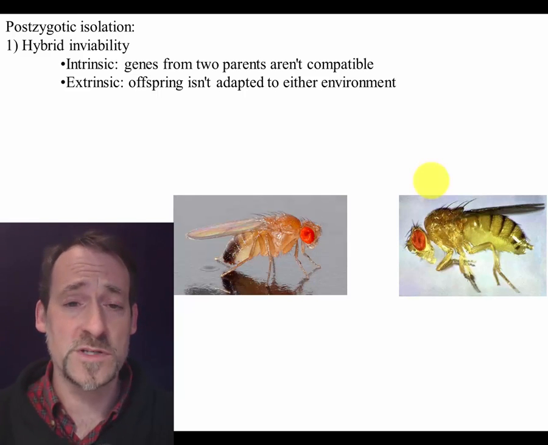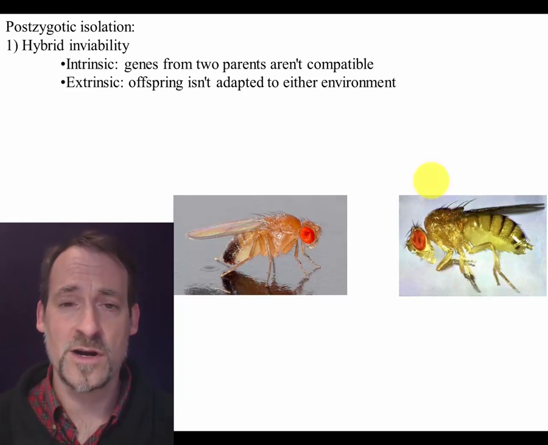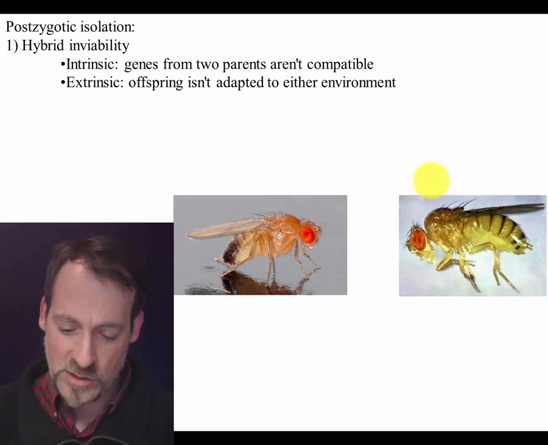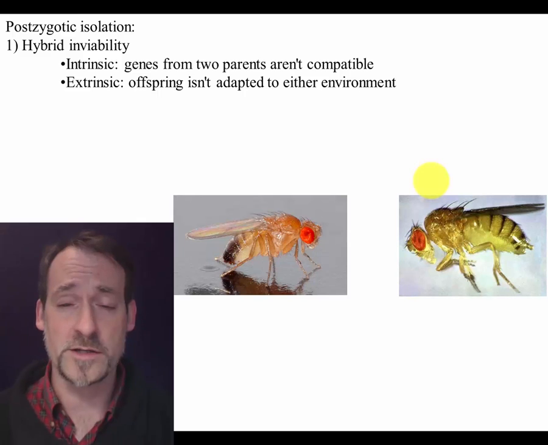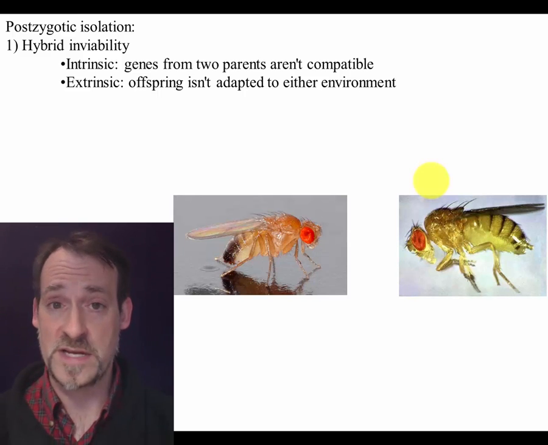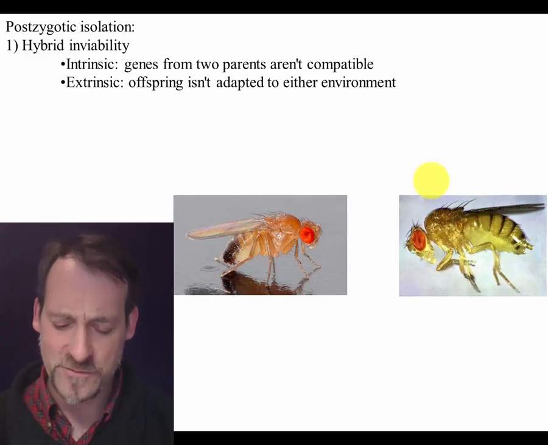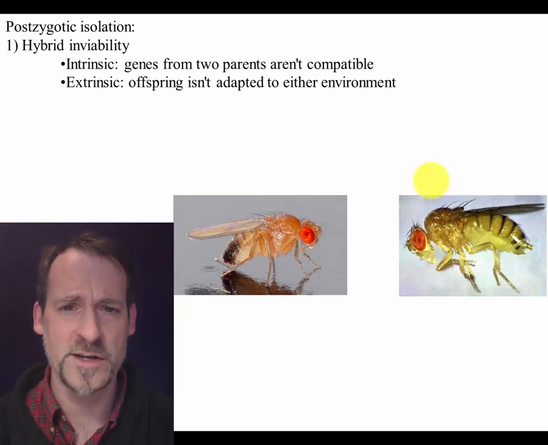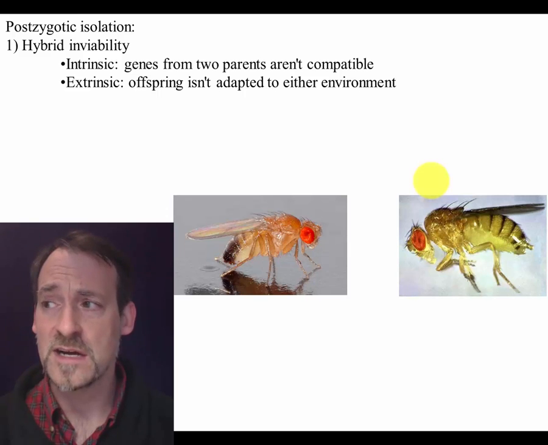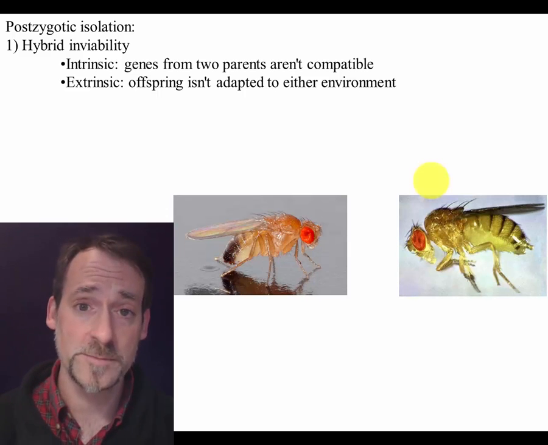Okay, so for example, in one species of fish, there are benthic forms that swim along the bottom, and there are limnetic forms that swim in the open water. It's possible for them to mate, but their offspring have trouble getting food down along the bottom, and they have trouble getting food in the open water. So they simply aren't able to feed themselves very well.